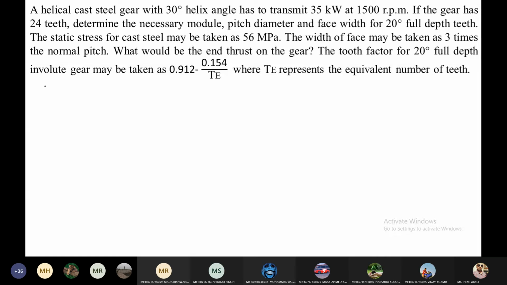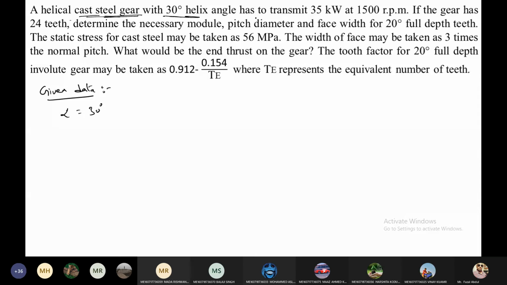So I'm writing the given data. A helical cast steel gear, read the question properly, with 30 degrees helix. So helix is given 30 degrees.